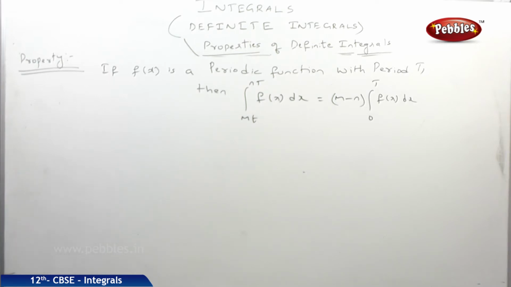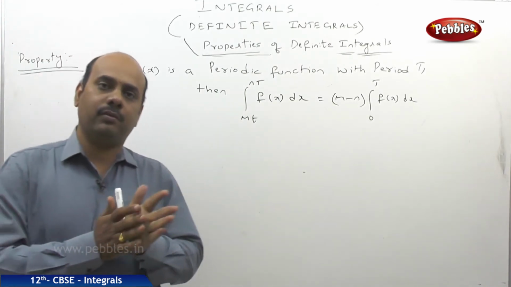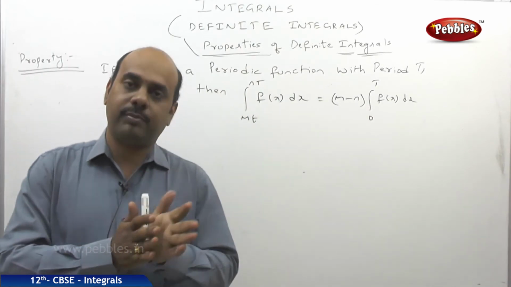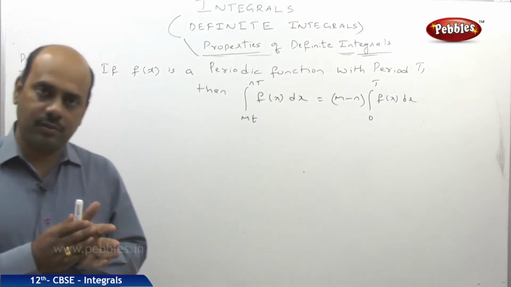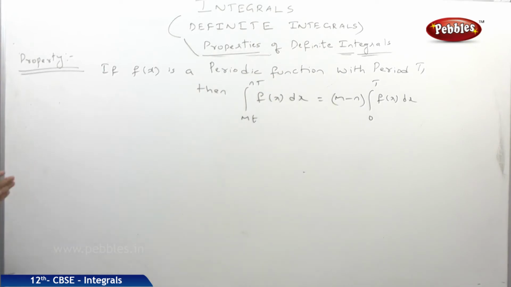I am repeating, if f of x is a periodic function with a period t, then integral of mt to nt f of x dx is equal to m minus n into integral of 0 to t f of x dx. For proving this property, we should remember the just previous property. What is that property telling? If f of x is a periodic function with period t, then integral of 0 to nt f of x dx is equal to n into integral of 0 to t f of x dx.